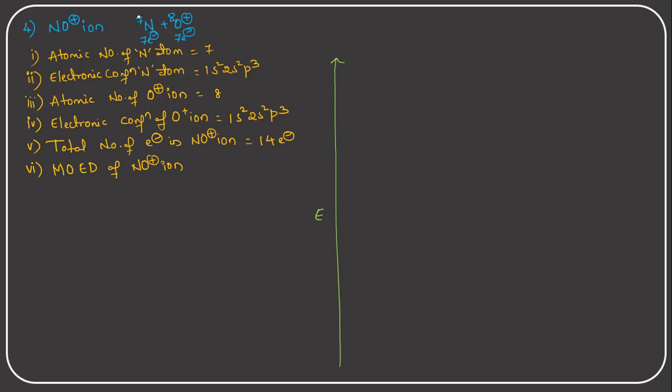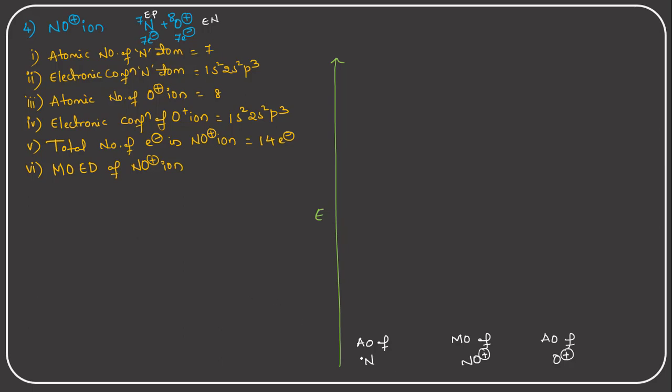So among these two, which one is the electropositive? Nitrogen is electropositive and oxygen is electronegative. So the atomic orbitals of the nitrogen atom I am taking on the left hand side, the atomic orbitals of the oxygen plus ion on the right hand side, and the molecular orbitals of the NO plus ion I am taking here.